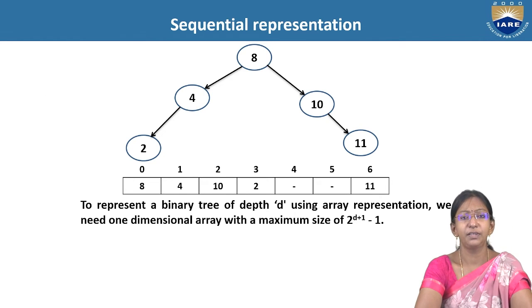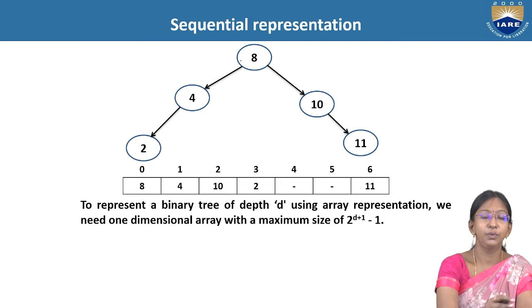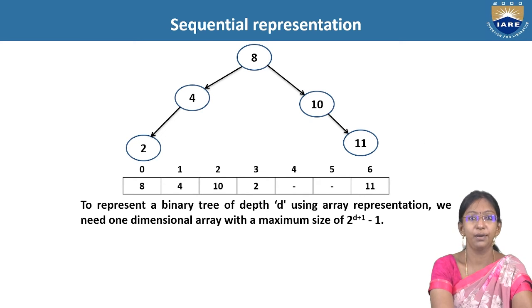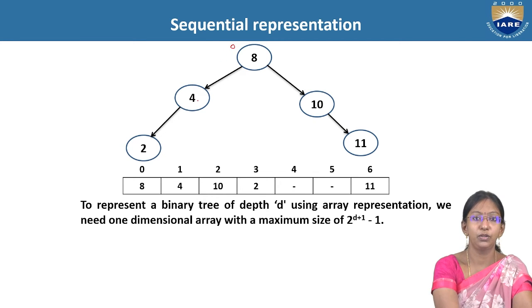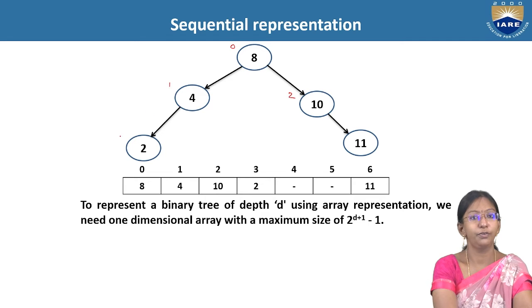If you are asked for sequential, that is array representation, always remember that sequential representation is nothing but in a sequence, meaning arrays they are talking about. Always the root will have an index value 0 and its children from left to right will bear the index values 1 and 2, and its grandchildren from left to right.